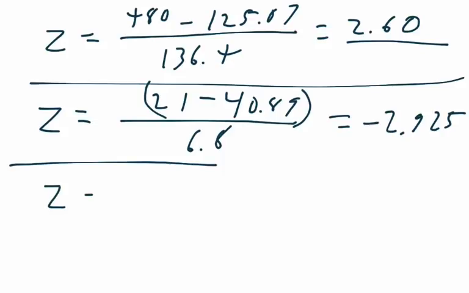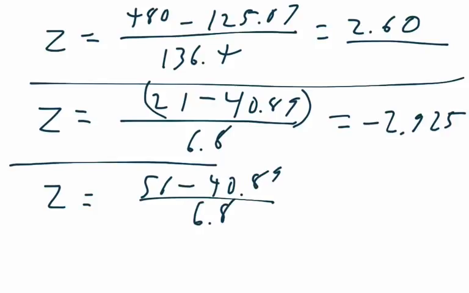And then we want the z-score for someone who had guessed an age of 56. So the answer would be .22.